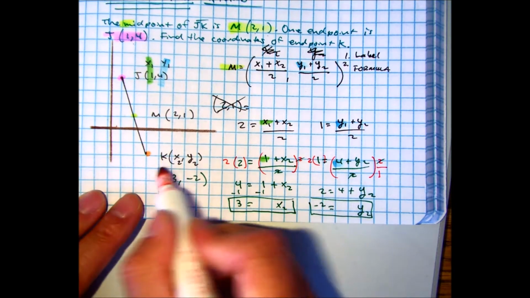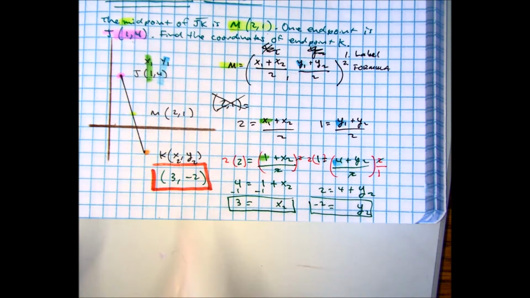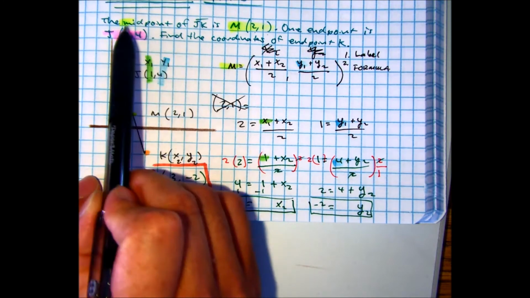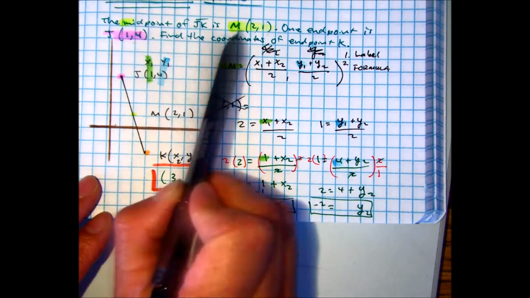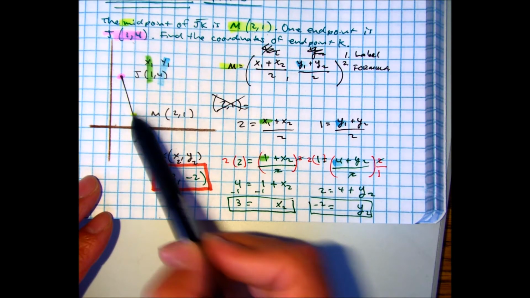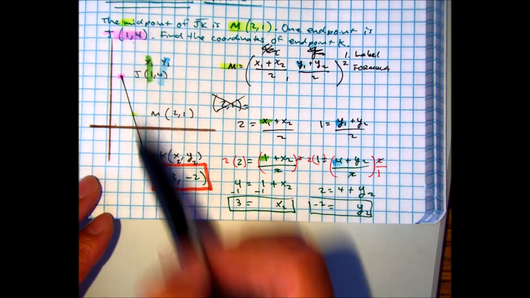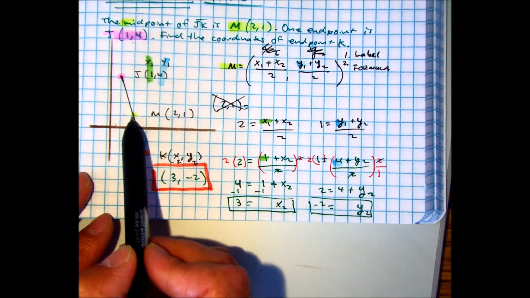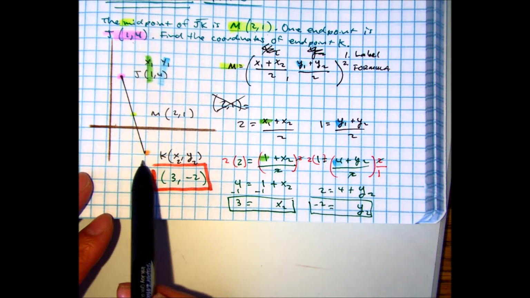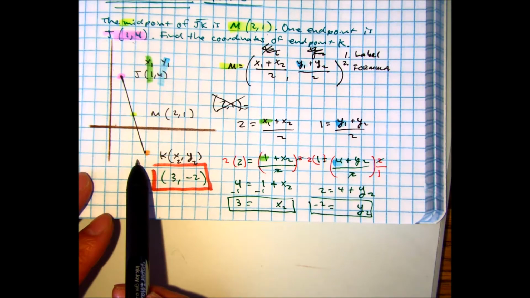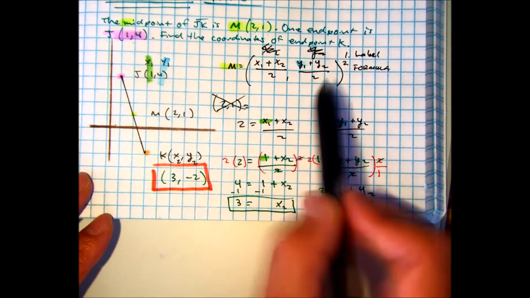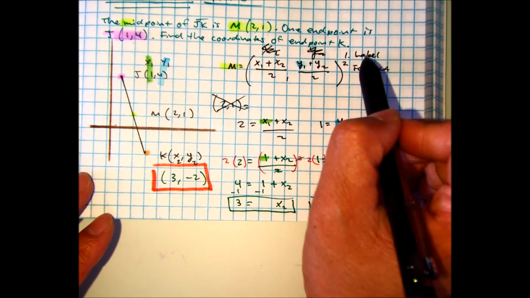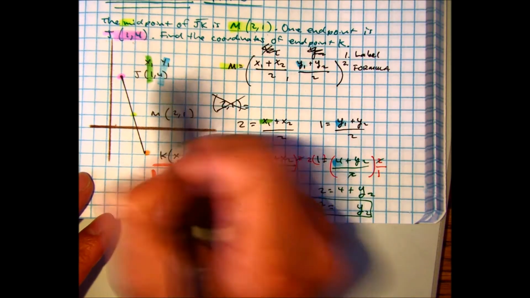So let's summarize what we did in this problem. They tell me that M is the midpoint of line segment JK. It tells me J, it tells me M, but does not tell me K. To solve for K, I've labeled my ordered pairs of what they've given me.